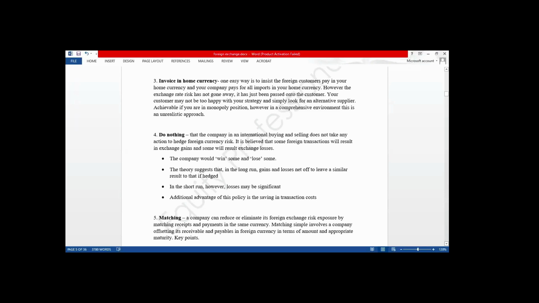At some point, it is believed that for some transactions, you are going to have exchange gain, while for some, you are going to have exchange loss. It is believed that some foreign transactions will result in exchange gain, while some will result in exchange loss. And you now use the exchange gain to cancel out the exchange loss. So there is no point hedging.